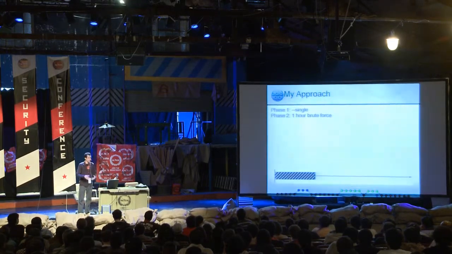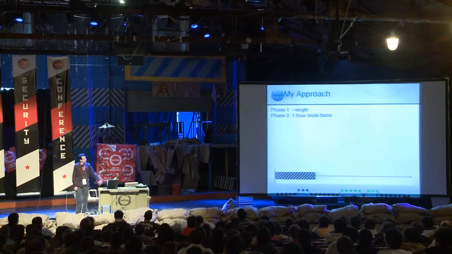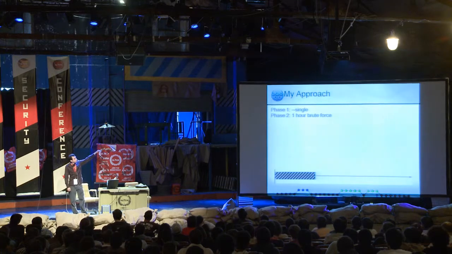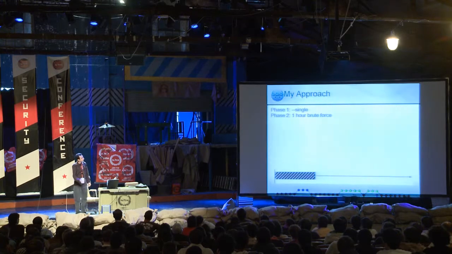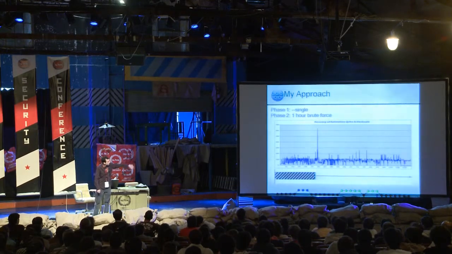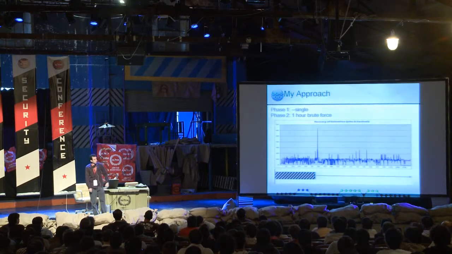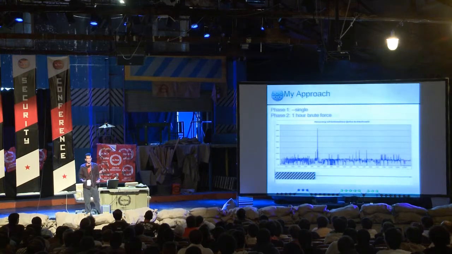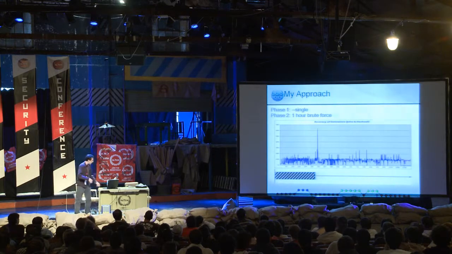So here's what I came up with. Here's how I was going to distribute the work. First, I was going to run John single mode. And then I did a 1-hour brute force. It's a phased approach. So I could say that it was only going to be 1 hour because I did a whole lot of measuring. This line shows the accuracy of my measurements, and it's pretty close to 100. So I measured how long each hash function would take, and how long any individual work unit would take to process. And here's why.